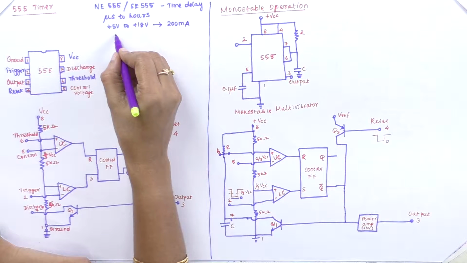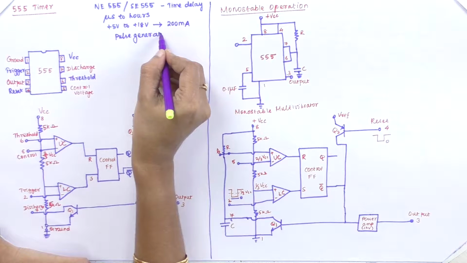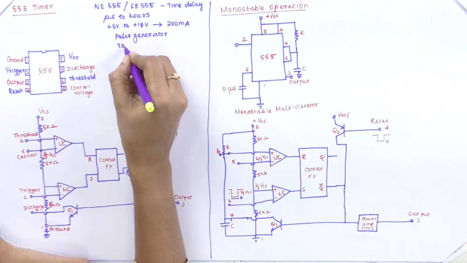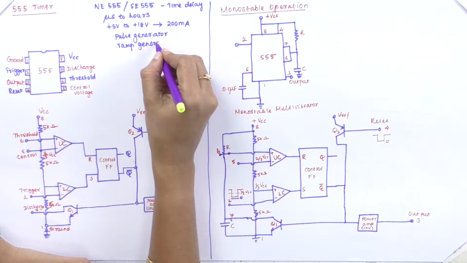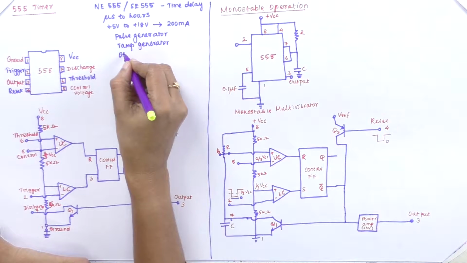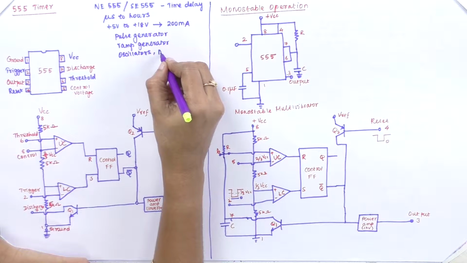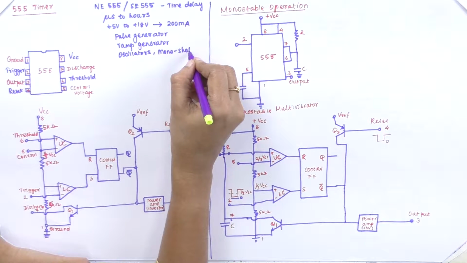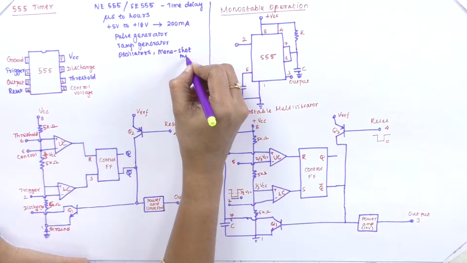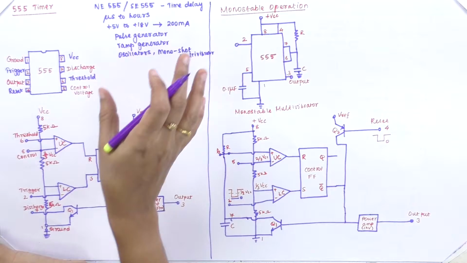It can be used in pulse generators and ramp generators, and mainly in oscillators, and monostable, which we can call one-shot multivibrators, and multivibrators. So these are the applications of the 555 timer, mainly used for time delay calculations.